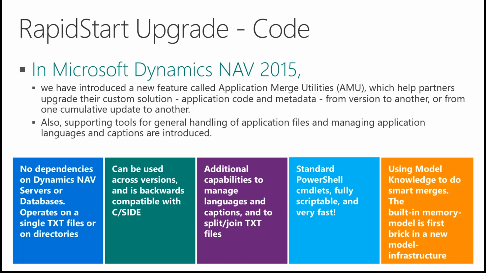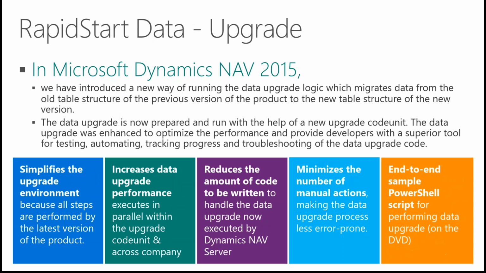The next area that you have to consider in an upgrade is not just the code itself, but also your data files. Your data structures have changed from one version to another, and you have to be able to migrate your data from your old structure on the previous version to your new table structures. We've implemented a new code unit in Dynamics NAV that allows you to optimize the performance for developers so they can quickly run the actual data upgrade.